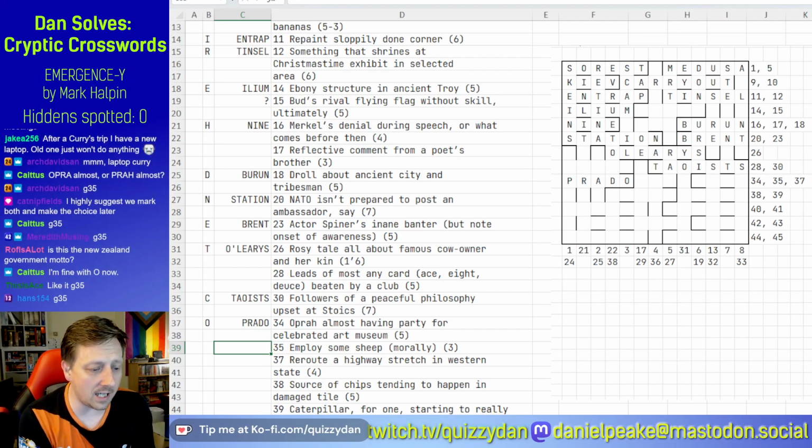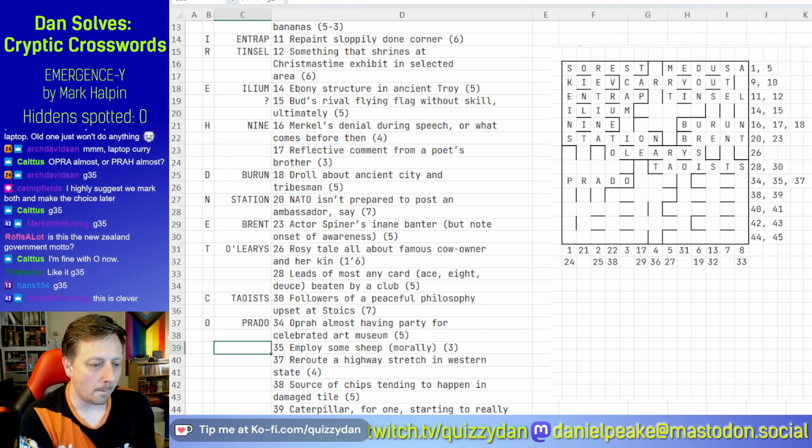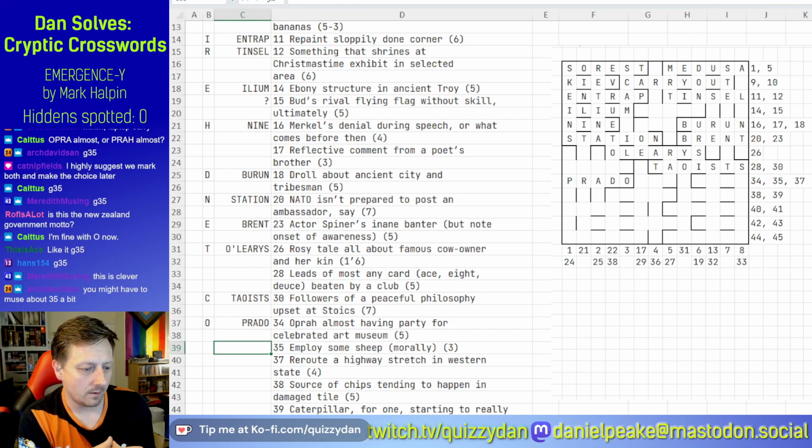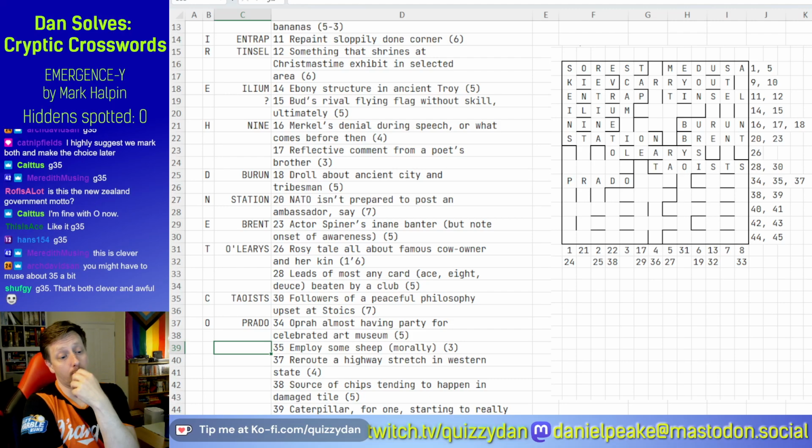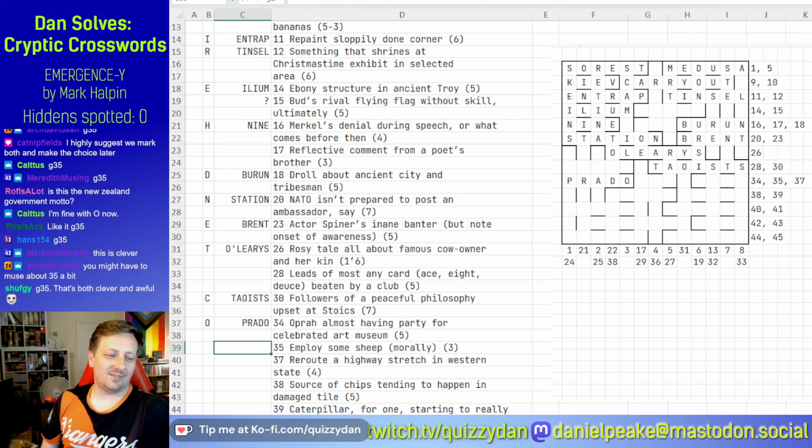I want this to be a hidden, and I can't find what letter needs to go out if it is a hidden. I've got emo. Poor, P-O-R, morally. What one letter could come out? Seep. Shep. Orally. Orally could work. Some... Okay, that's good.